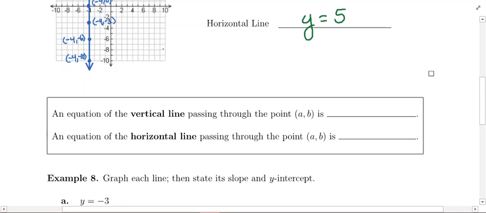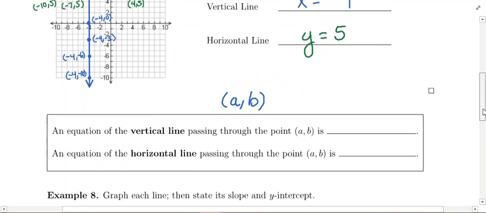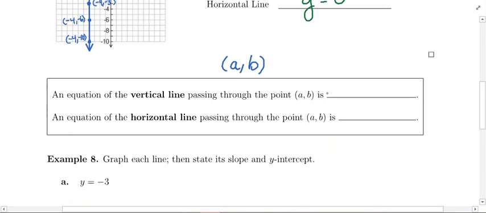We're going to fill in these blanks by looking at a generic point (a, b). Say you have some point (a, b) and you draw a vertical line through that point. What's the equation of that vertical line? An equation of the vertical line passing through the point (a, b) is going to be, since it's a vertical line, x equals, and since it's x, you're going to write down the x value, so x equals a.